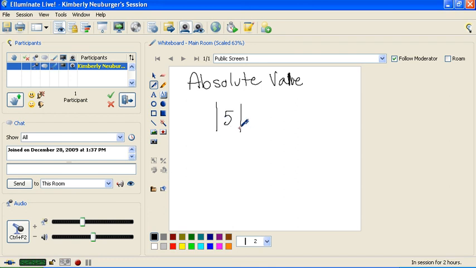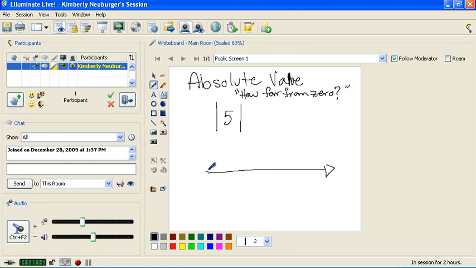Now these straight lines here are asking you a question. Absolute value asks you a question of how far are you from 0? So you want to think of this in terms of a number line.